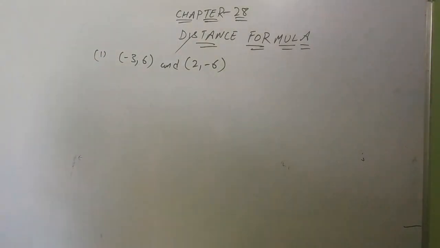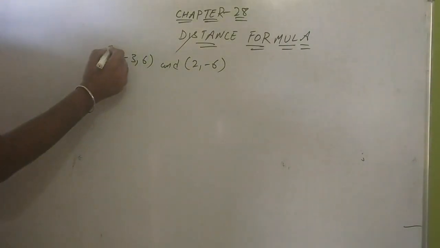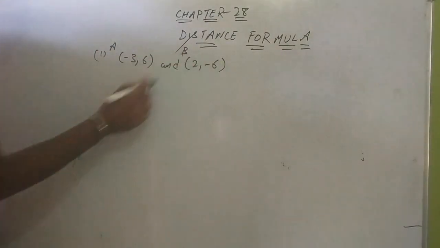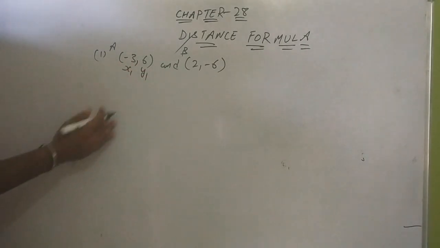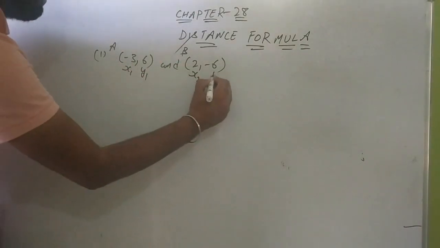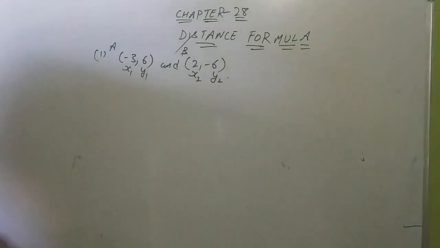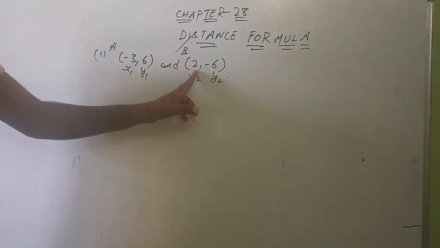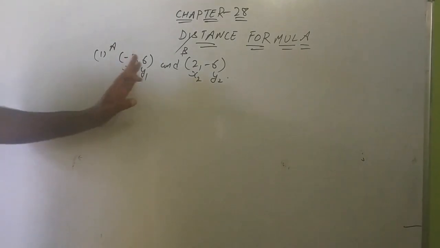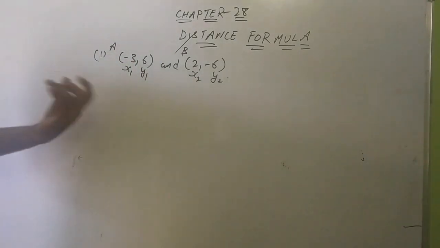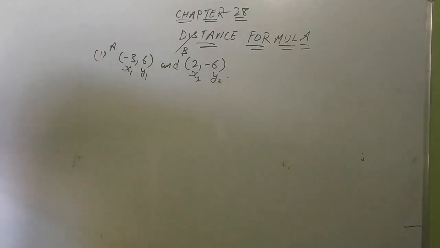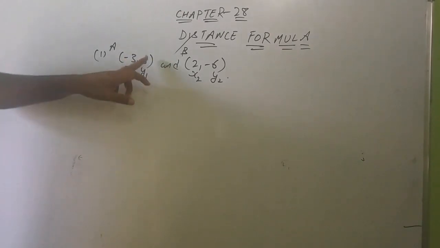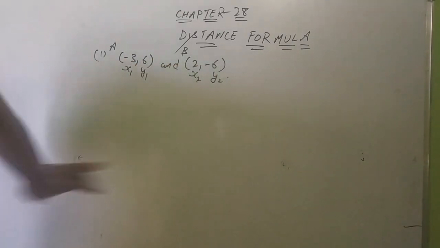Now, what I have done, I have taken this point as A and this as B. Now this will become x1, y1 and this will become x2, y2. It depends upon you. Whichever point you want, you can mark it as x1, y1 or x2, y2. You will get the same answer from both. So here I mark this as x1, y1 and this becomes x2, y2.